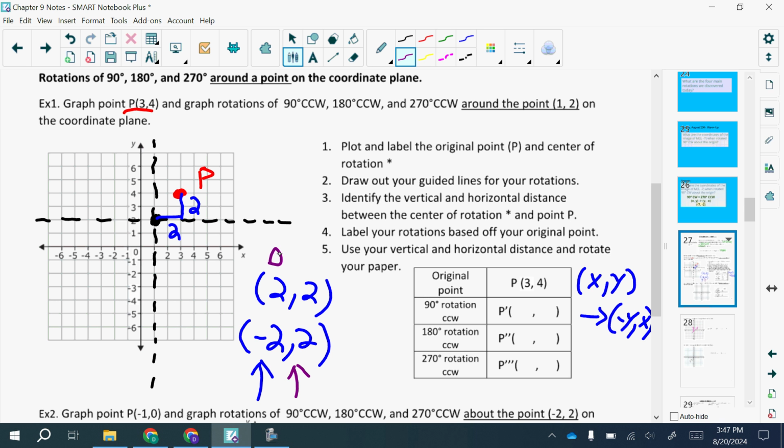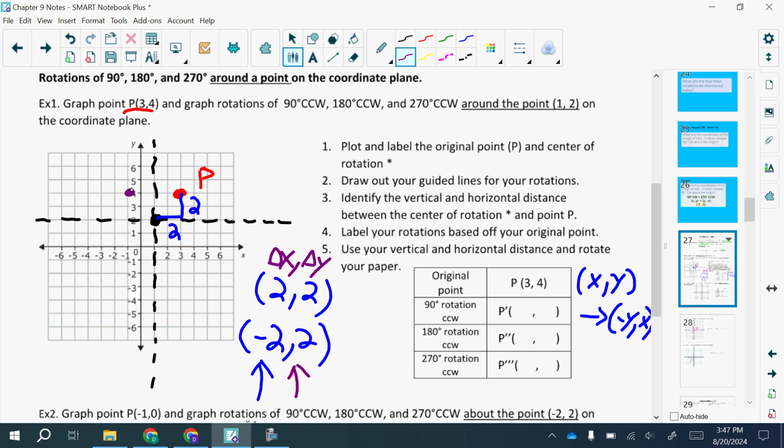So we have our change of X and our change of Y here. We did use our rotation rules; we just used them on the change of Y and change of X, not the original coordinates of point P. All right, so (-2, 2). All that means is from the center of rotation, we are going to go 2 to the left and 2 up.